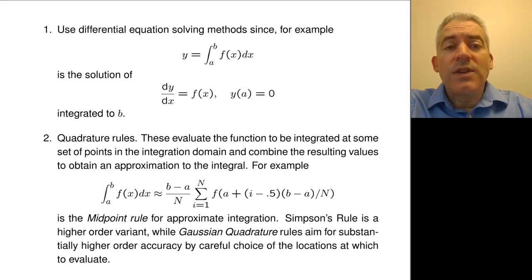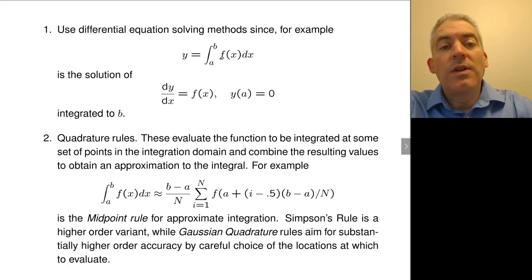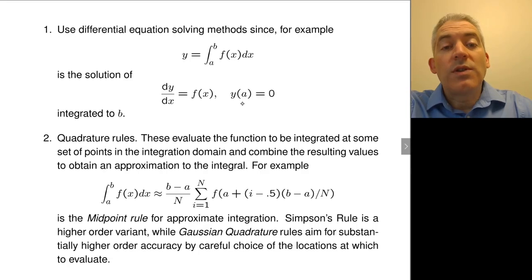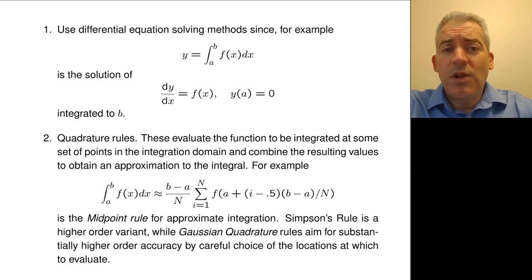Right, so if we've got this integral here, just an integral of f of x over the range a to b, we could actually just recognize that that is the solution of this ordinary differential equation here, with the initial condition y(a) equal to 0, integrated up to b. And there are lots of methods for solving this initial value problem in ODEs. Some are more sophisticated than others, and so all of those can be brought to bear on this problem, and so that can be a very productive route. It's a bit of a 1D specific approach, but it can be very effective.